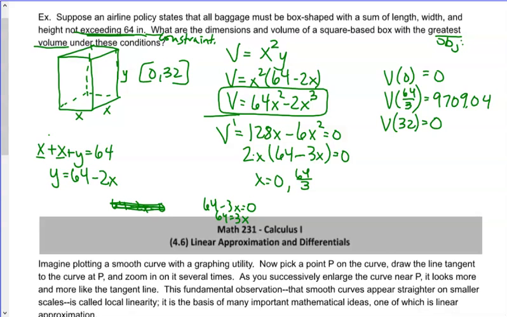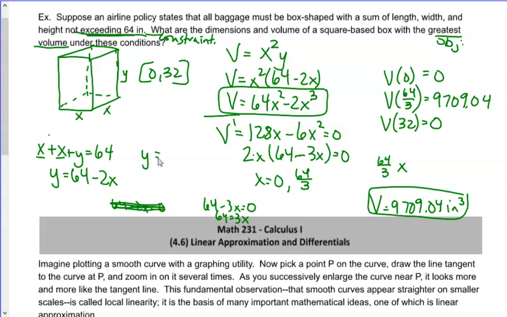So, twofold on the questions. What are the dimensions of that box and what's the volume? Well, the volume I've already figured out, 9709.04. And we are in inches, so that would be inches cubed. I already know that my dimensions basically is 64 thirds by what? Well, I have to plug that into here, okay?